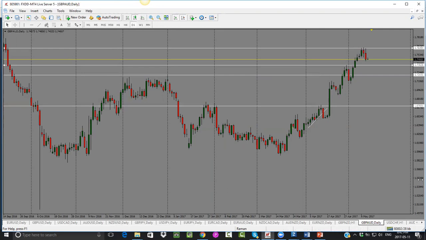So those will be the next two levels to the downside, but we are bearish on this one here, Pound Aussie. Okay, so this one, one way to trade this would be to take a short. We could wait for a bit of a pullback, but it would be a short and a stop would go above the high here, and we're looking for price to drop.